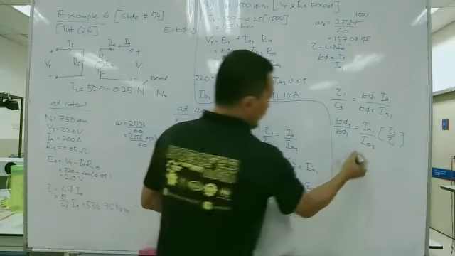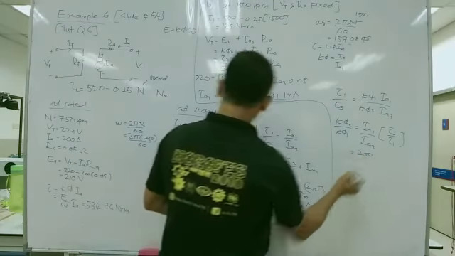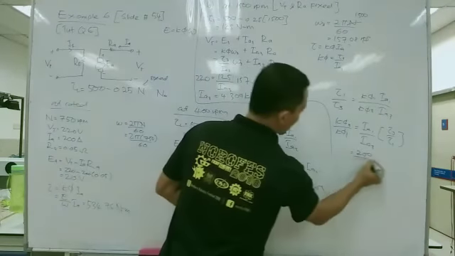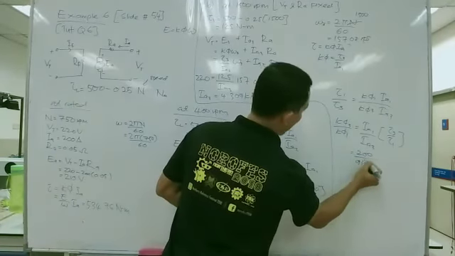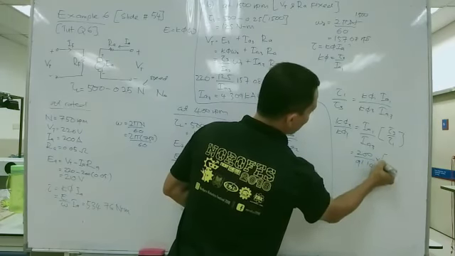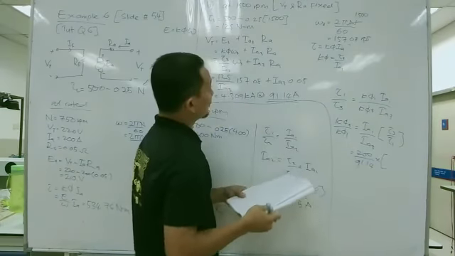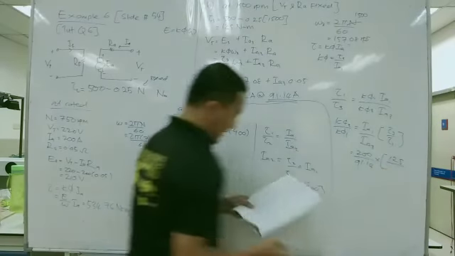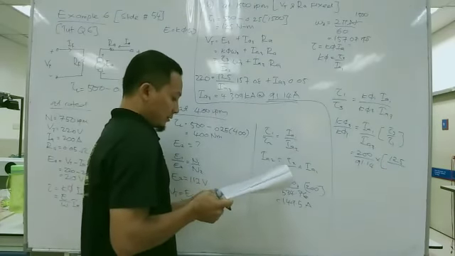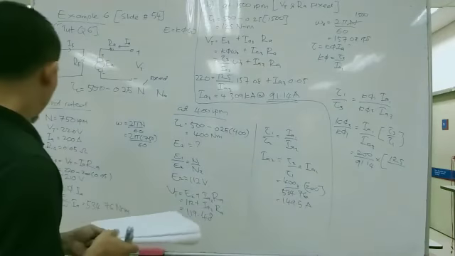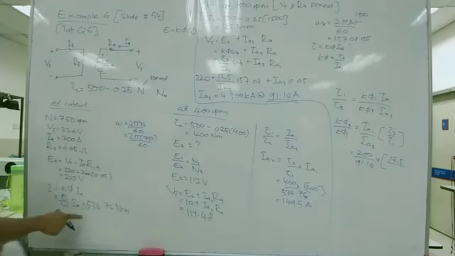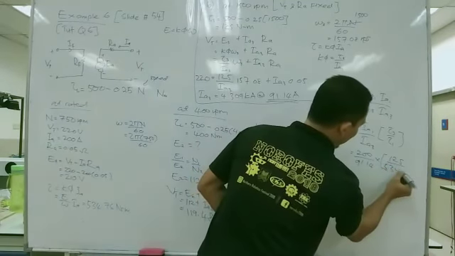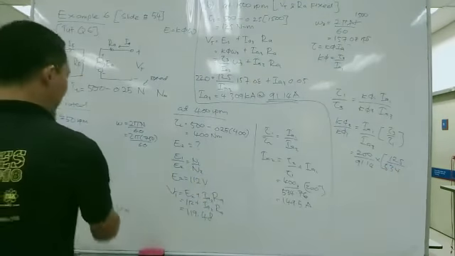So IA1 is 200, IA3 equals 91.14, times torque 3, which is 125, divided by torque 1, which is 534.76.